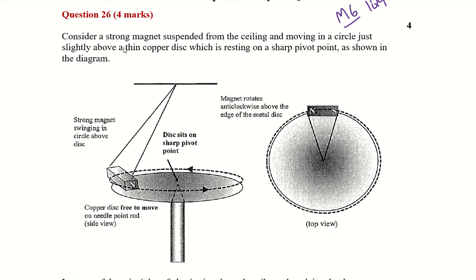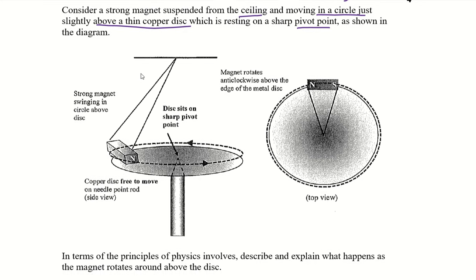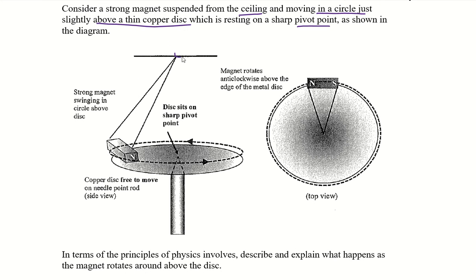And it says, consider a strong magnet suspended from the ceiling, moving in a circle just above a thin copper disc, resting on a sharp pivot point shown in our diagram here. So we have the string, okay? We have a really strong magnet and it's swirling around a copper disc that's free to move on a needle.